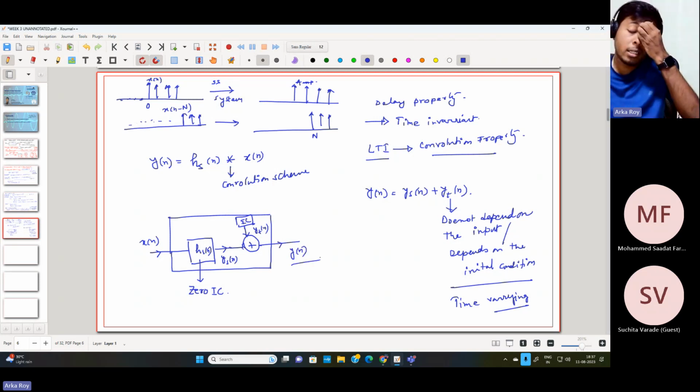So this is basically the representation of any rational system with a constant coefficient difference equation. With this, we have seen that the steady state system has the property of an LTI system, and this particular system is not an LTI system. This is a time varying system.